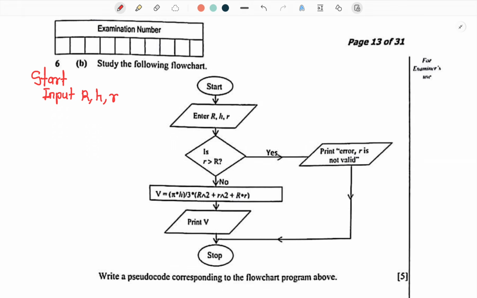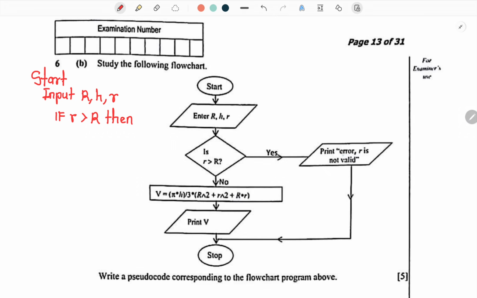So is in a pseudocode is going to be changed to if. So you are going to say if R is greater than R, then you add then. What was the result?